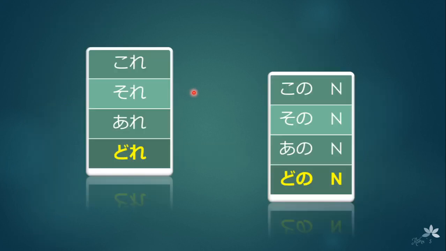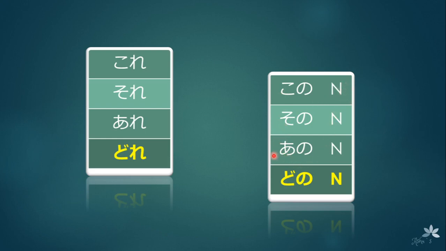Friends, in this lesson we have learned the demonstrative nouns kore, sore, are, and the interrogative for that is dore. And also we have learned kono, sono, ano followed by a noun.